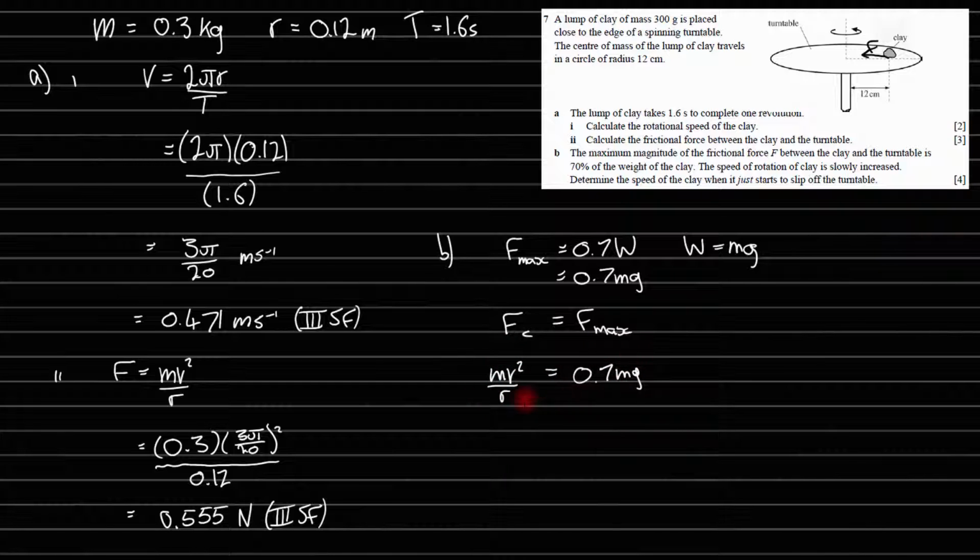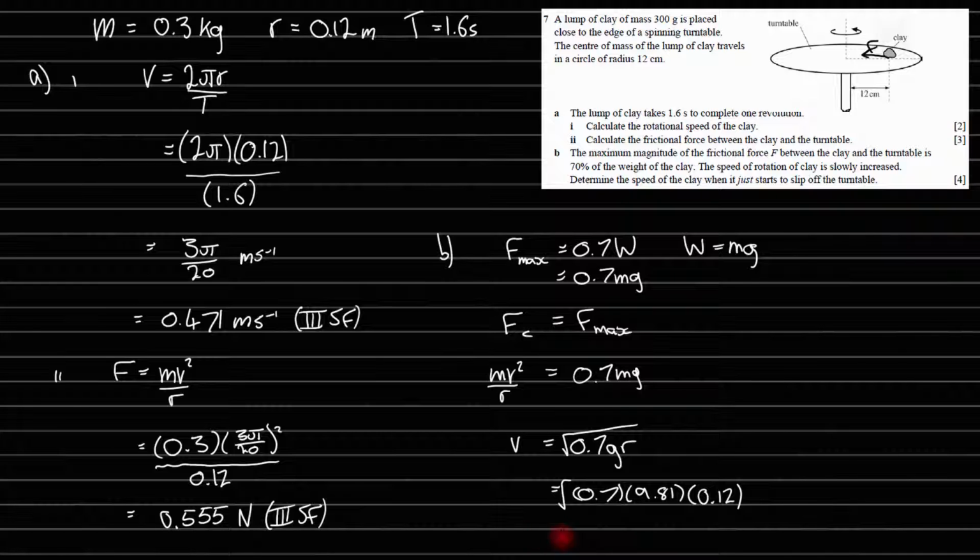Mass cancels on both sides, times by r, take the square root, we'd have v equaling the square root of 0.7 gr. Simply inputting the values then like so, we'd have 0.7 times g is 9.81, and then the radius 0.12, and all of that would be square rooted.